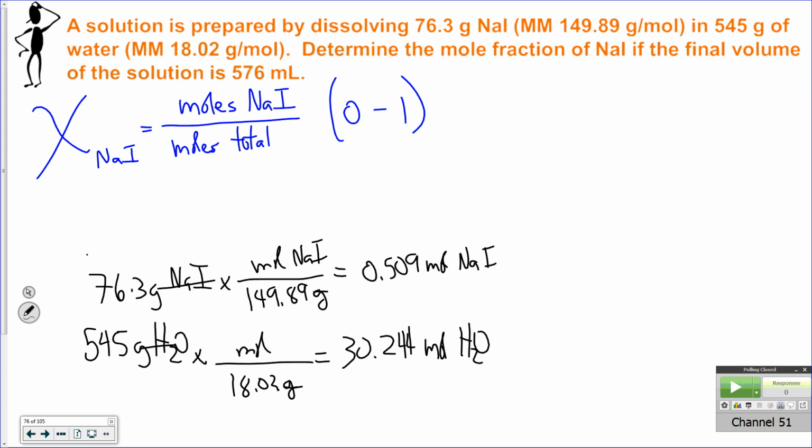So now plug into my equation. The moles of the solute on top. On bottom, I put the moles of the solute plus the moles of the solvent.